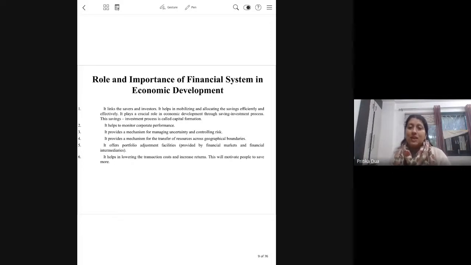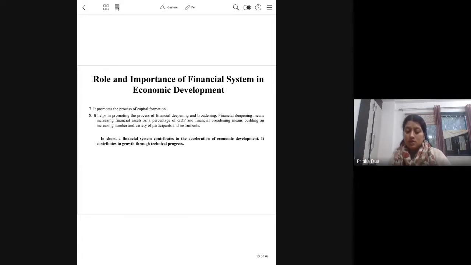Since the liquidity is high because of presence of formal financial assets, you can quickly adjust your portfolio in light of the changing opportunities available, lowering the transaction costs, increasing the returns. If costs are decreased, obviously that increases the return to the investors.